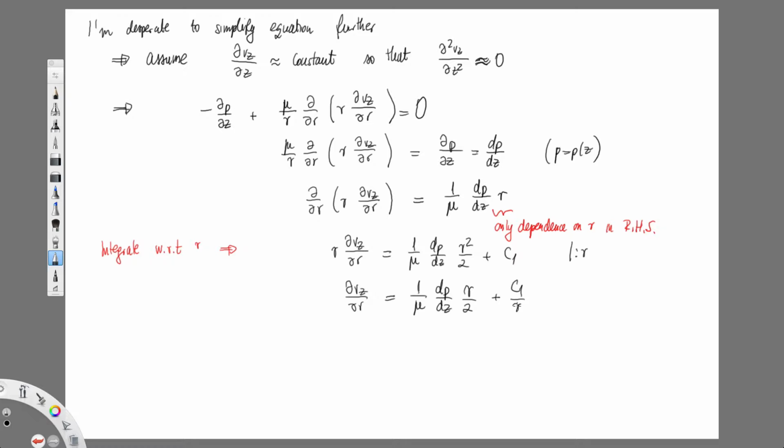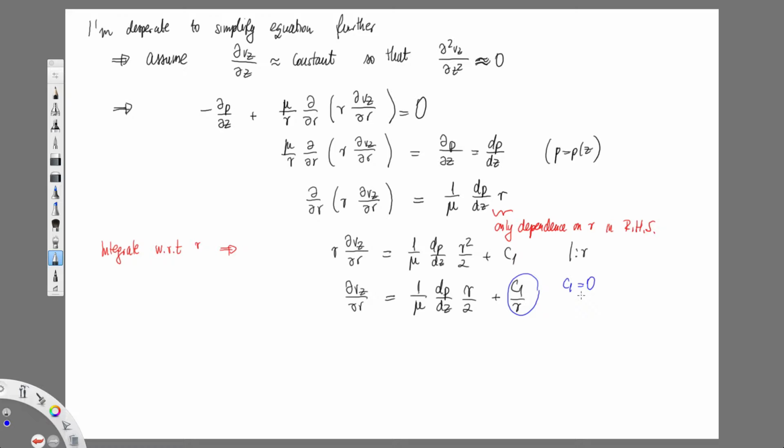Using the same reasoning as before, we can now say what? C1 should be 0, correct? Just because the fluid is compressible, that doesn't mean that dvz/dr can blow up in the middle of the tube, and by implication, shear stresses.